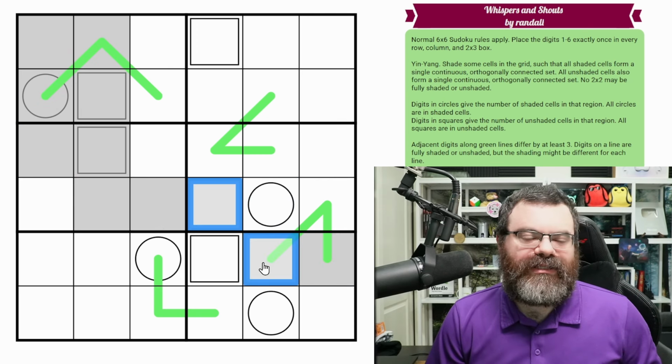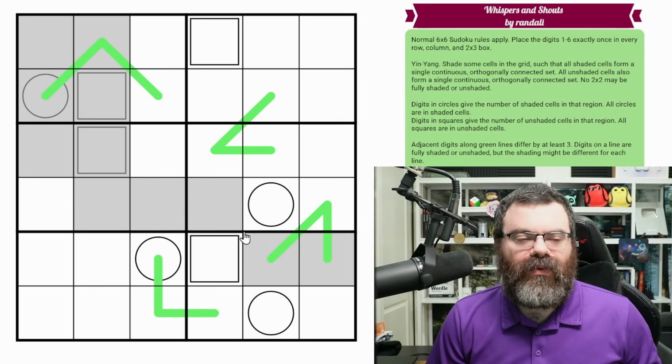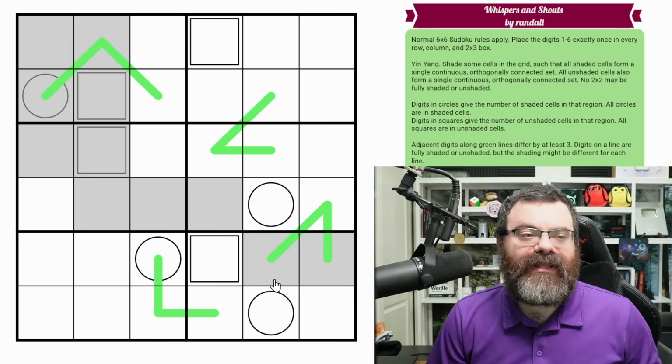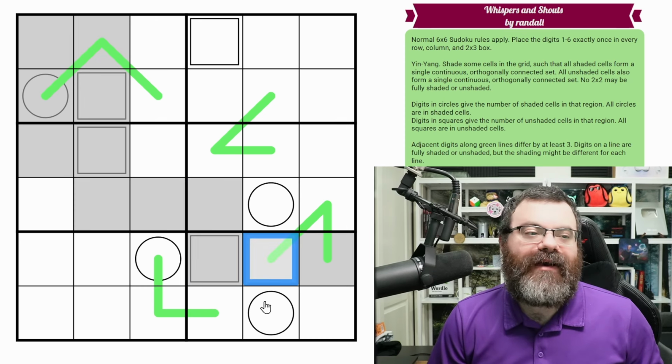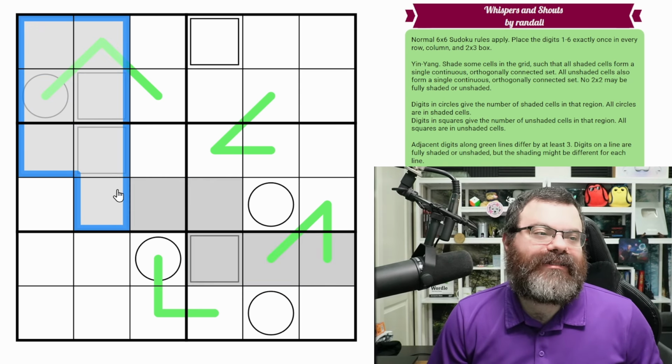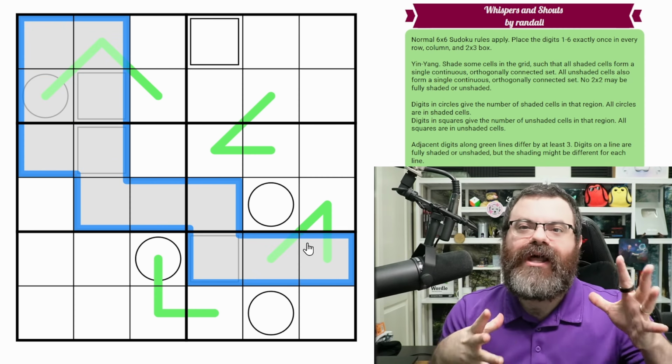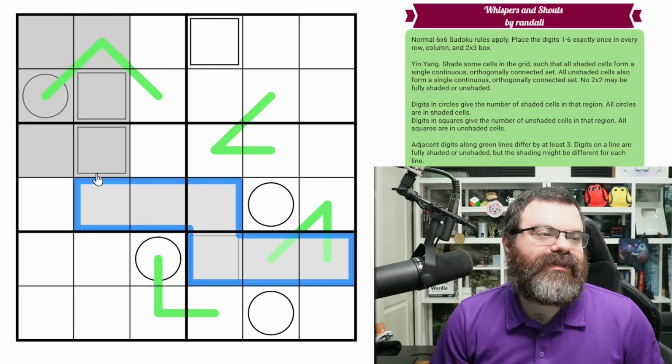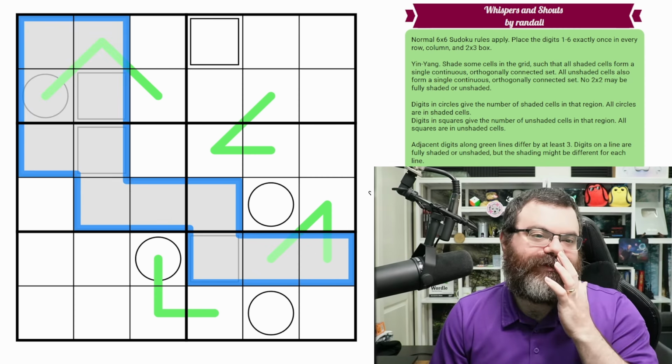You might consider these to be connected because they share a corner. They're diagonally connected, but that is not good enough for yin yang. You have to share an edge. You have to be able to follow edges through the entire shaded region. And then continuous, it's just to say, hey, the whole thing is one blob, right? So this is one blob of shaded cells.